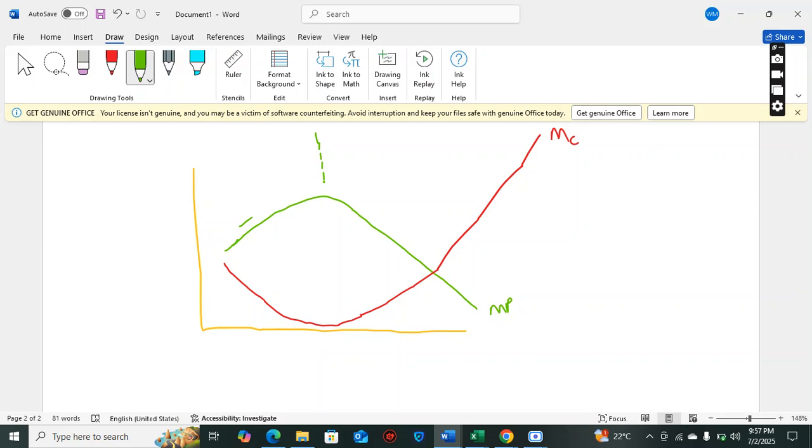But when your workers stop being efficient and they stop bringing more output to the business, they start costing you more to keep in the business because they're bringing less revenue than what they are costing you. So they're bringing in less revenue, so they're costing your business more. Yes. Any questions before we end here?